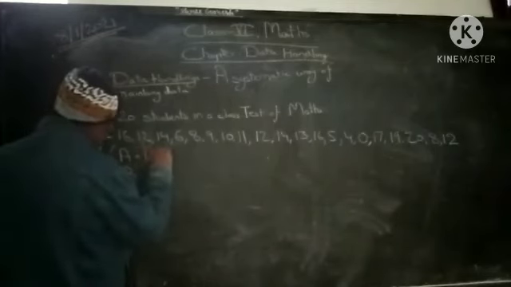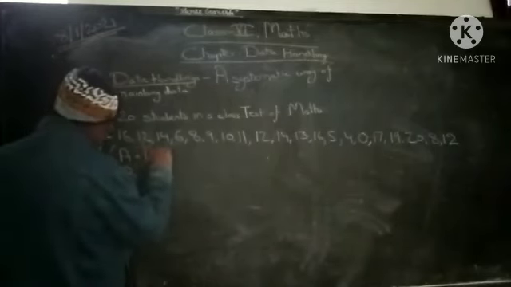No. So there are 5 students scoring between 16 and 20. Now between 11 and 15: 1, 2, 3, 4, 5, 6. So there are 6 students scoring between 11 and 15.